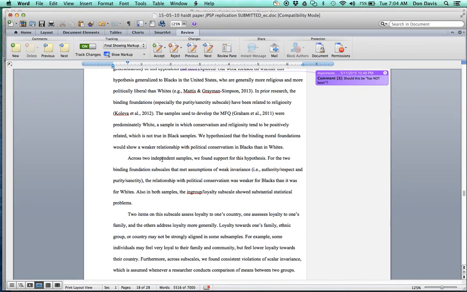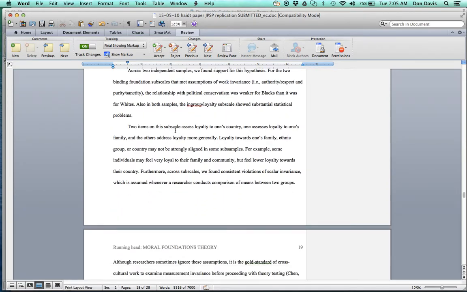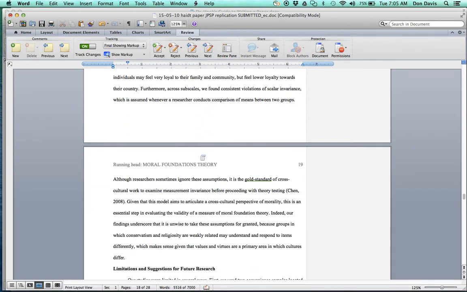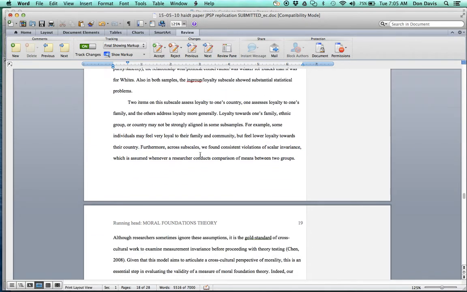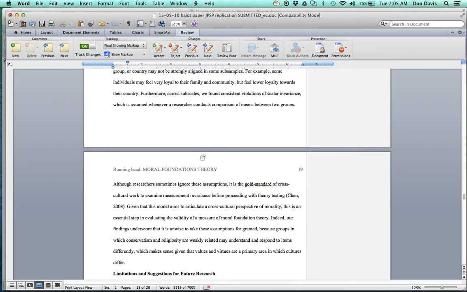Then our main restatement of findings was that we had problems both with the hypothesis and we saw measurement invariance problems. Then we elaborate on what it might mean, some of the particular measurement issues that we saw, and also some of the implications of that for the theory.